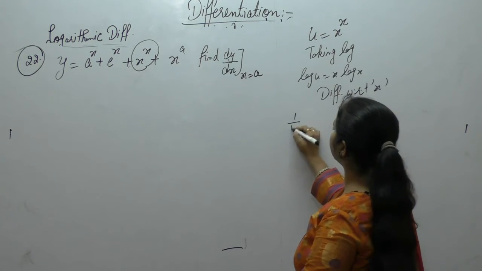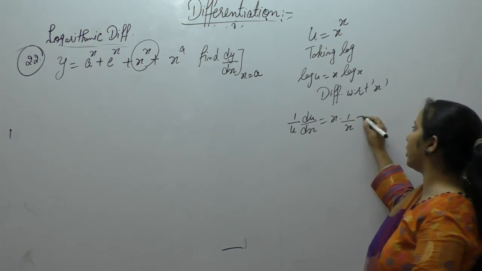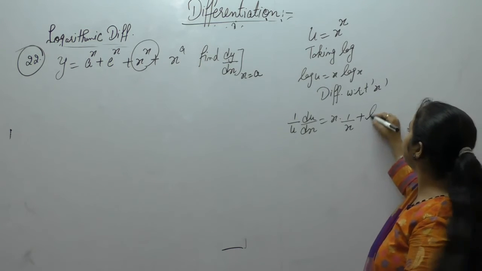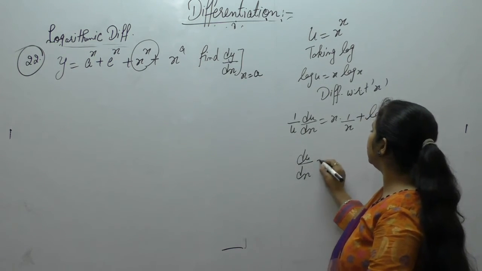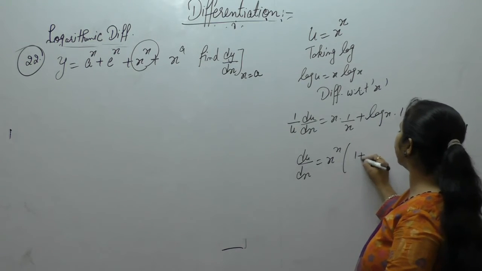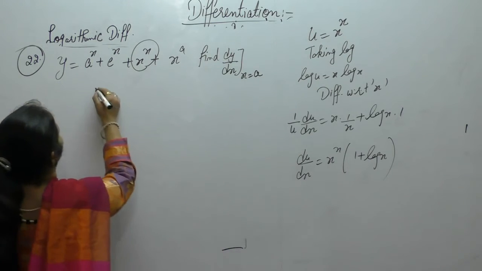So what we get: 1 upon u du by dx. First function, derivative of log of x, plus second function, derivative of x. So du by dx is u, that is x power x, into 1 plus log of x. Now differentiate this with respect to x.